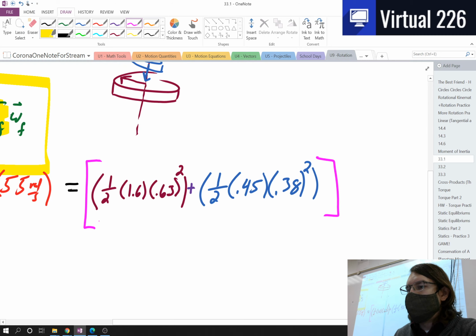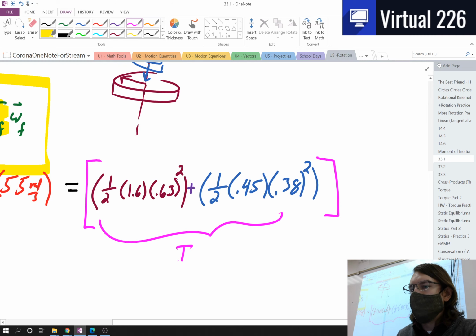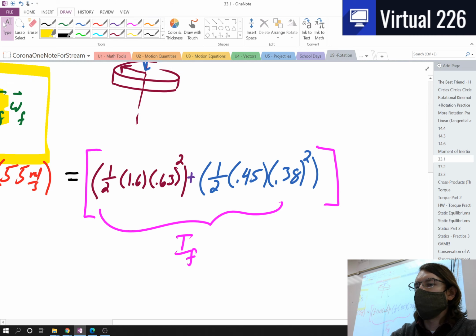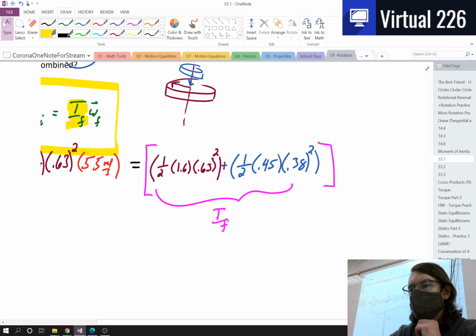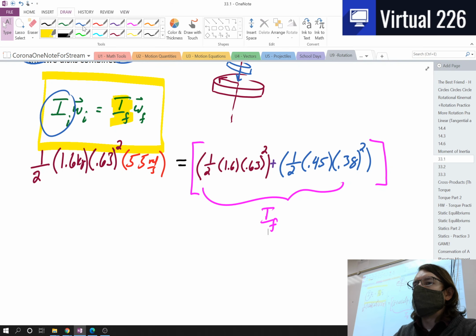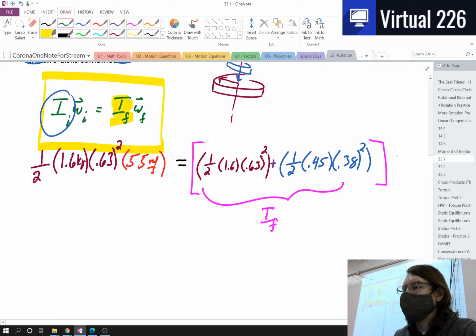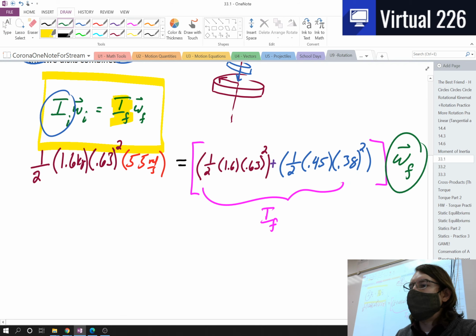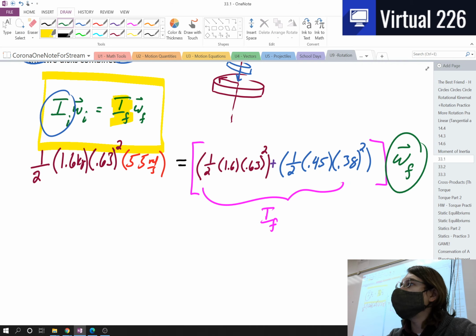This entire quantity is our final moment of inertia. And then we are just multiplying this by our final angular velocity, and that's what we're looking for. We've got a lot of numbers, but only one variable we're trying to find, that final angular velocity.